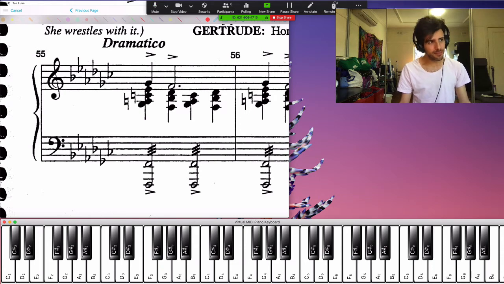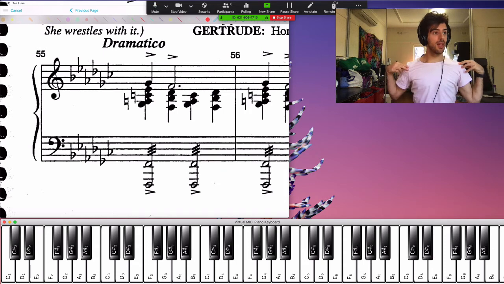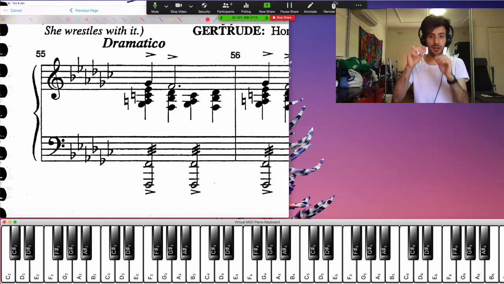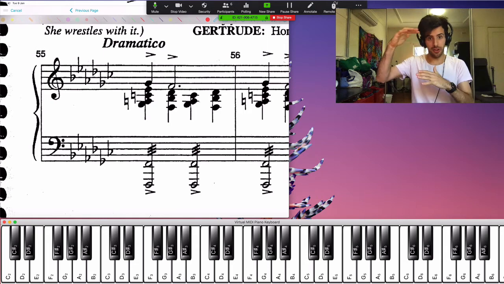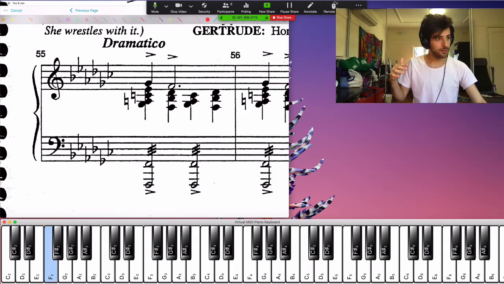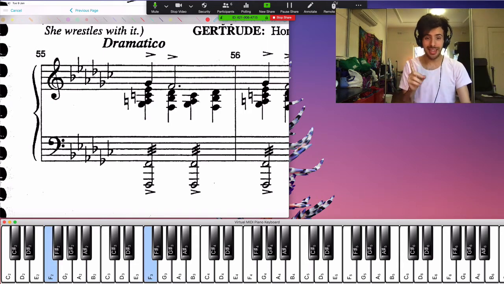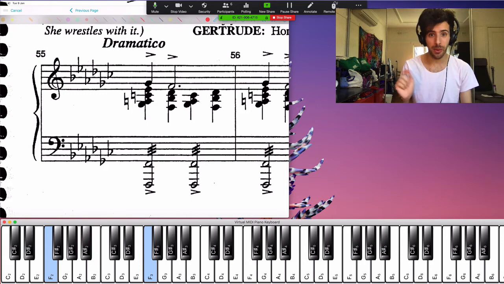So, in order for me to find out how it's a dominant chord, I need to find out what kind of chord it is. So, for example, I'm going to just build the notes from the lowest note to the top note. But firstly, I need to start by identifying if I can find any thirds.